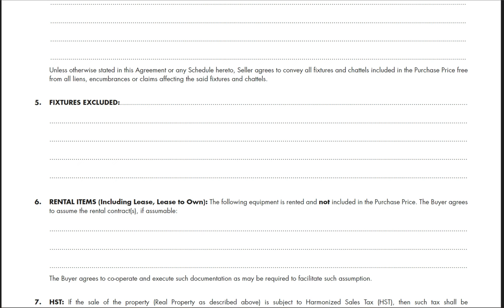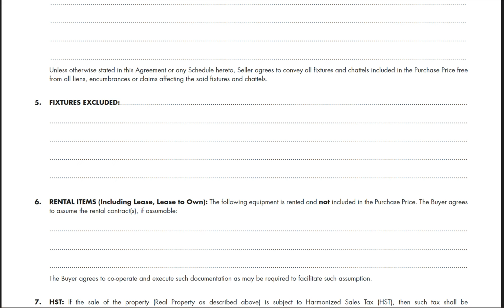This clause allows the seller to take those items with them. If it's not listed as excluded, then it stays with the home. If the buyer expects the fixture to stay, then it must not be excluded.